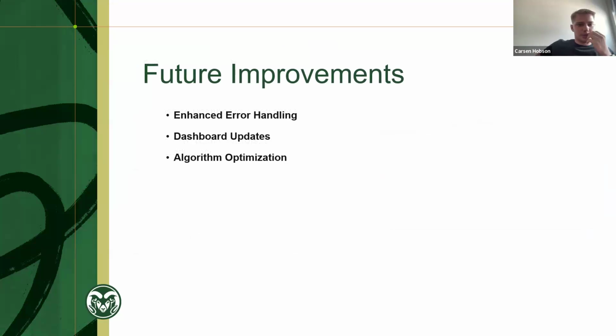So, future improvements to the system, once again, just enhancing error handling, and then obviously dashboard updates. I think that's the least developed thing in terms of being ready for the household, because we don't really have one well developed for the user. And then also developing the anticipatory algorithm for poor air quality events.